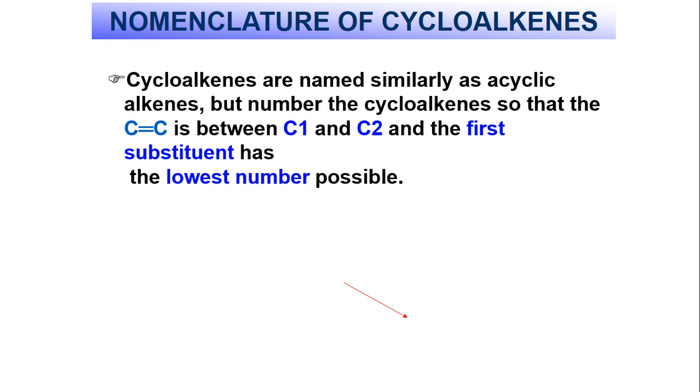So let me quickly look at an example. So I have this one, I have this guy there. So you need to number 1 there, 2 there, 3 there, 4 there, 5 there. If you look at the double bond which is here, I've put it between 1 and 2. So the double bond needs to be between 1 and 2, and this one needs to be closer to where the branch is.